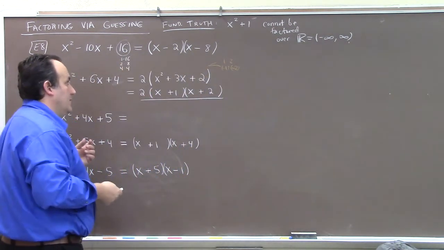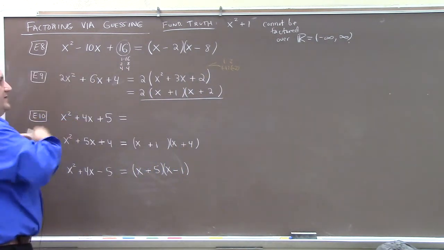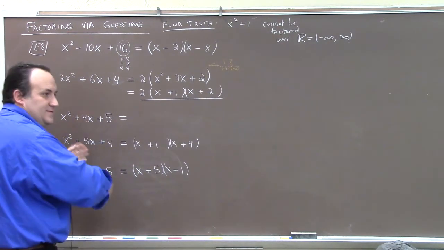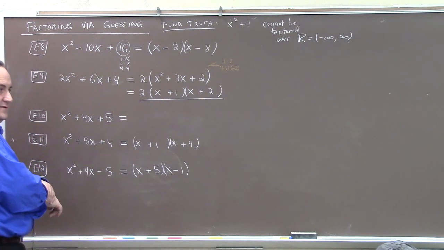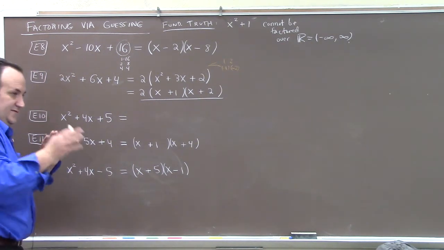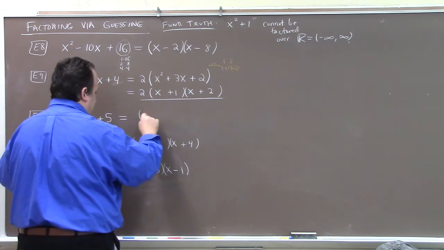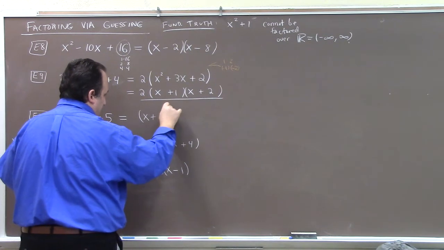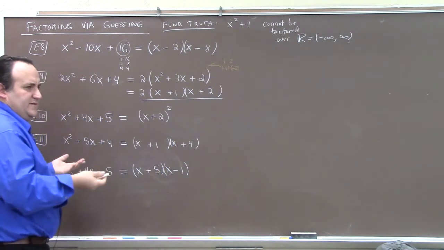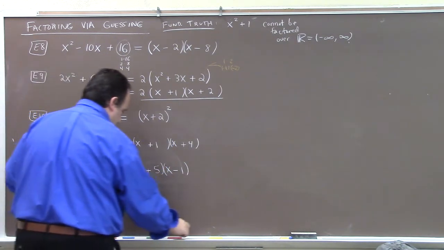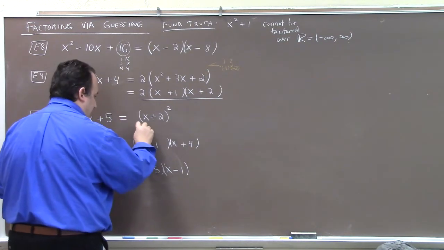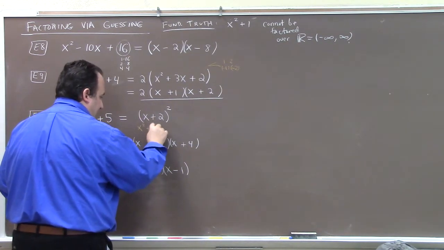But this is the more general thing: if we have something squared plus something else, it can't be factored, right? Now, this is a trick, but this can be rewritten as x plus 2 squared. What is x plus 2 squared? Yeah, x squared plus 4x plus 4, right?